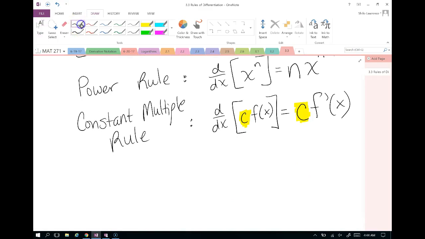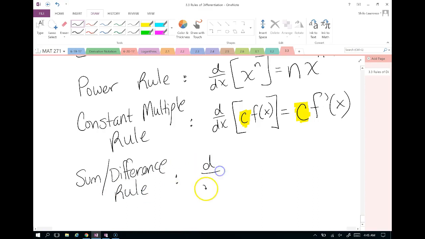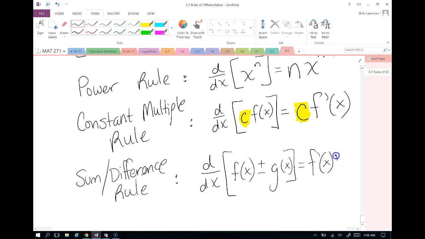And we got 2 more. We've got the sum and difference rule. And that is for when we're taking the derivative of an expression that has multiple terms separated with addition and subtraction. And we can just take their derivatives individually and just keep the addition or subtraction in between them. So the primes there mean that we took the derivative. So this is just f prime plus or minus g prime.